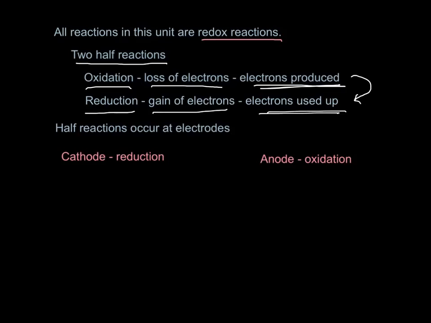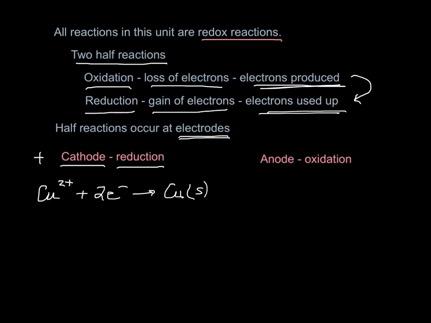These half reactions occur at electrodes. We have positive electrodes and negative electrodes. The positive electrode is called the cathode, and the cathode is where the reduction takes place. So for instance, I might have some copper ion getting reduced, so gaining electrons to make some copper metal.